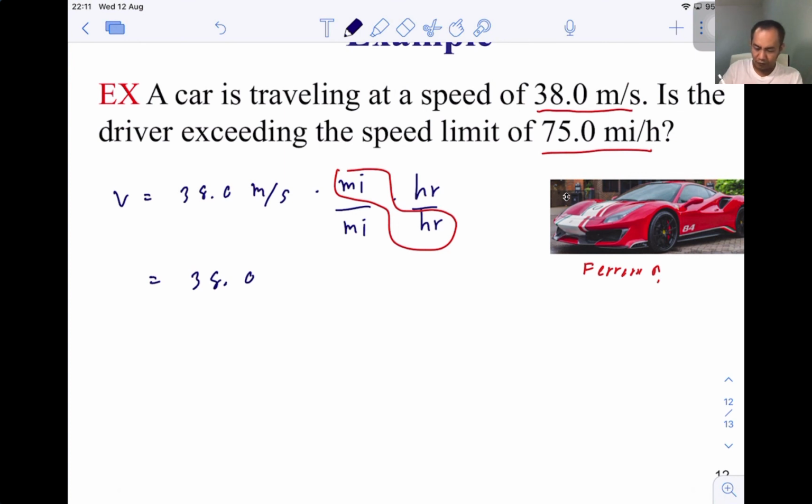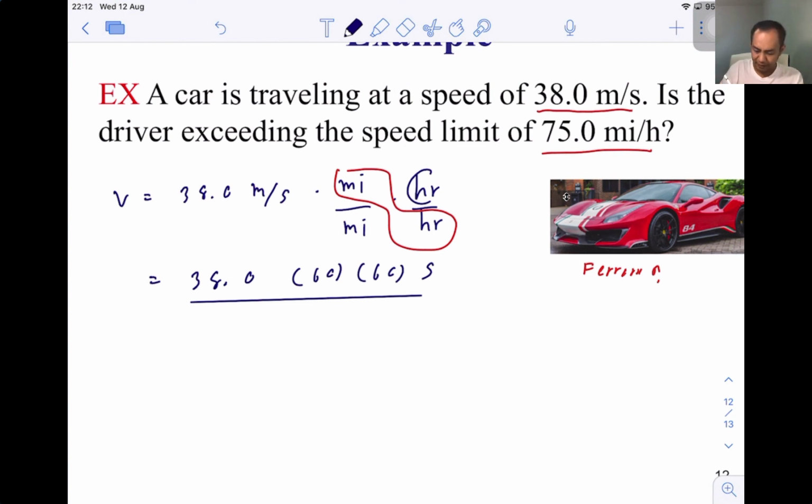We convert mile to meter first, and convert hour to become second, so it's 60 times 60 seconds, and mile to become meter.